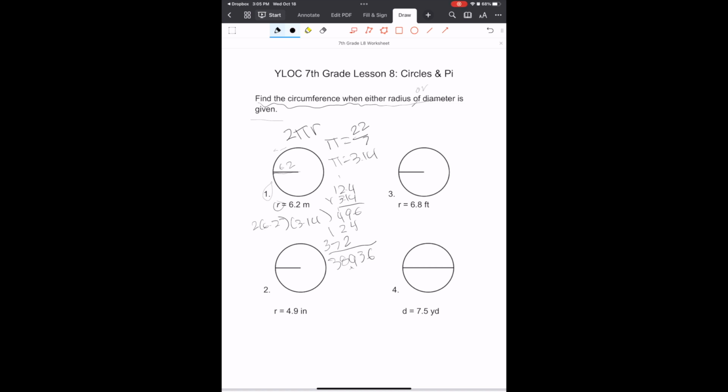We're going to round to 2 decimal places, so the answer for this would be 38.94. And then don't forget the units, which is meters.